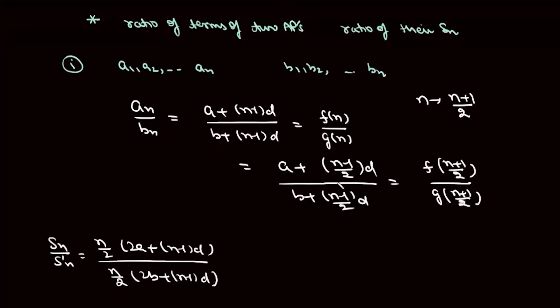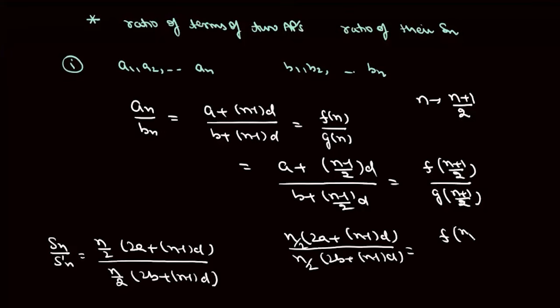And if we multiply everything with n by 2, we can write this as n by 2 twice a plus (n minus 1)d upon n by 2 twice b plus (n minus 1)d, which will be equal to f((n plus 1) by 2) upon g((n plus 1) by 2). So all you need to do is replace n with (n plus 1) by 2 to get the ratio of their sums.